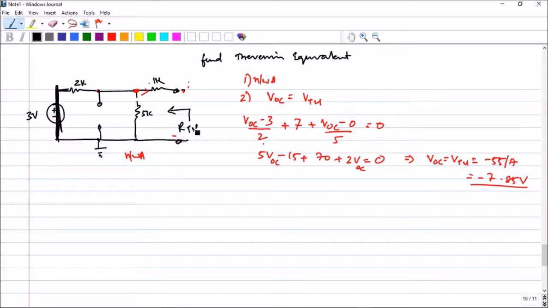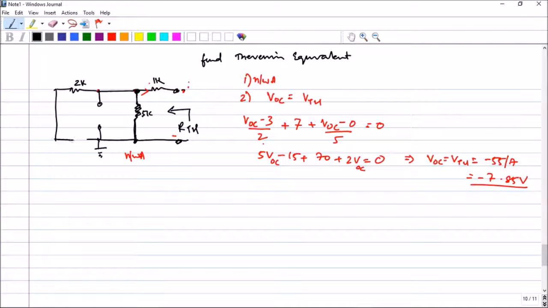Clearly, don't forget this resistance here. This point is common to the 2K and 5K, and this other point is also common to the 2K and 5K. I'll redraw it properly, since it's always better to be neat rather than sorry.